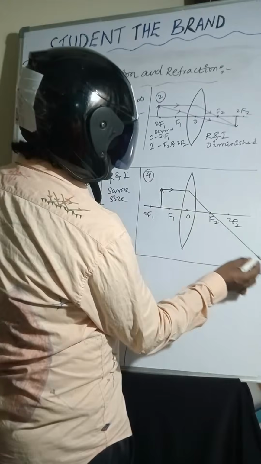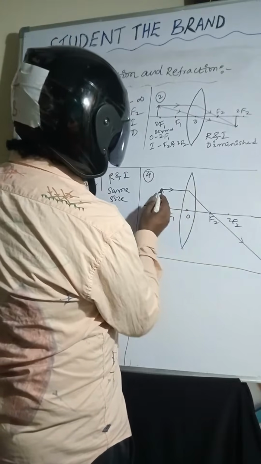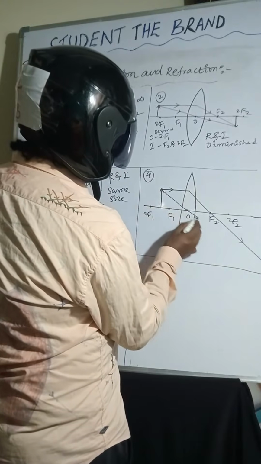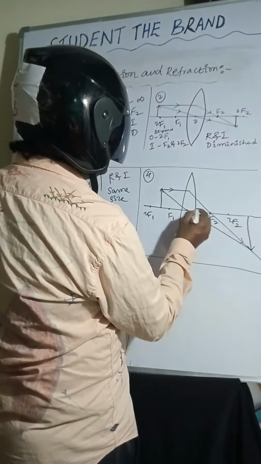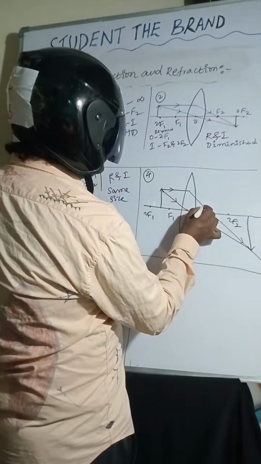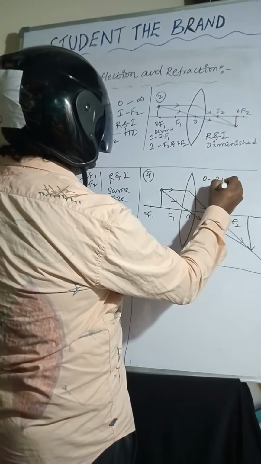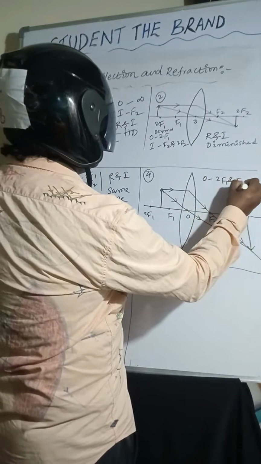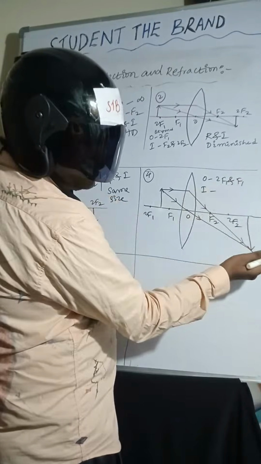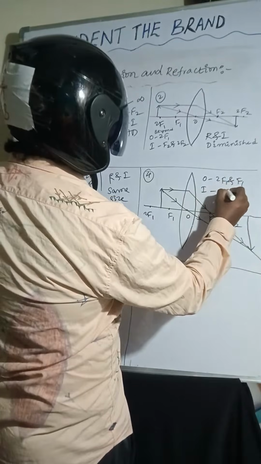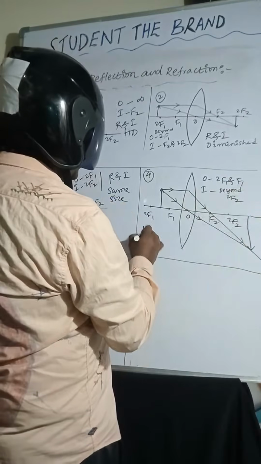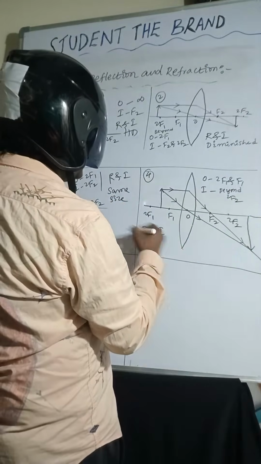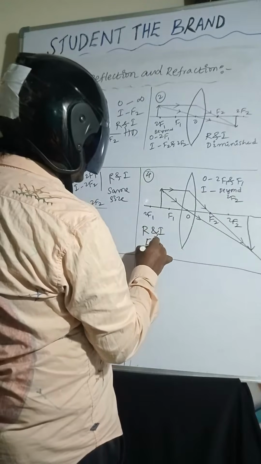So that's why I'm taking like this, and one passing through optic center. Those light rays will meet beyond 2F2. Object is between 2F1 and F1, image will form beyond 2F2. Nature of the image is real and inverted, and size of the image is enlarged.